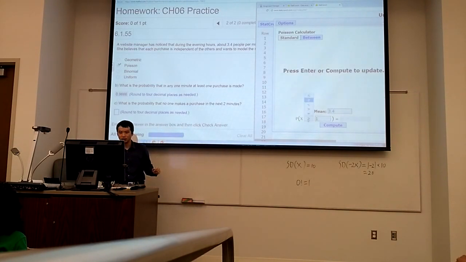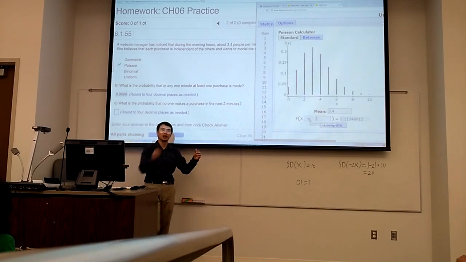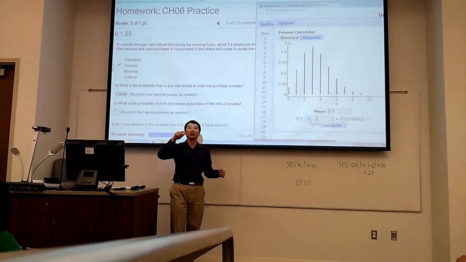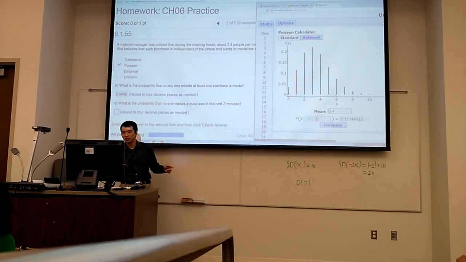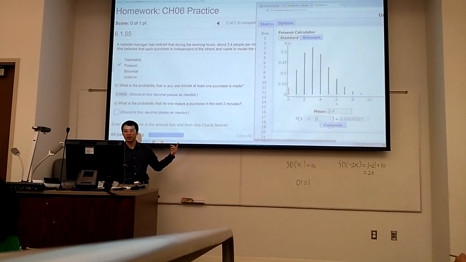And here, we will see if there's any difference between equal or less than or equal to. There's 0. No one makes a purchase, right? So we have this one, and if we choose less than or equal to, it's the same. So let me put this 0.33.